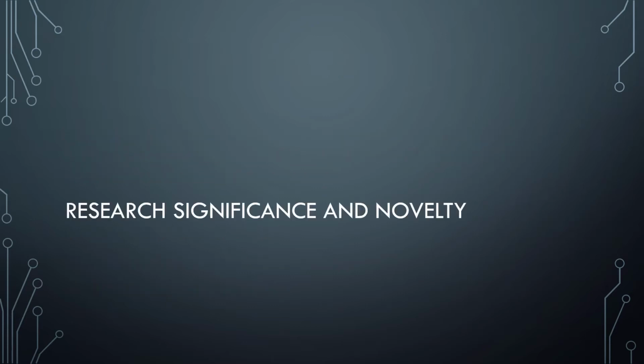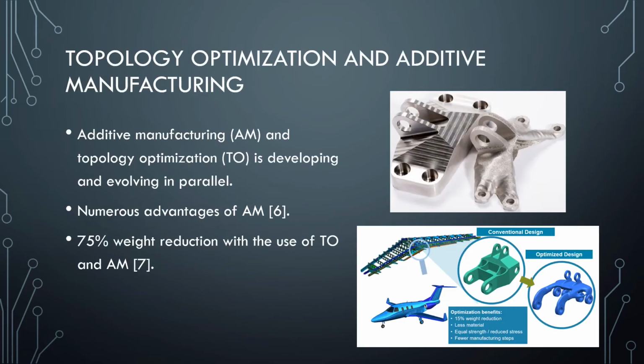Research significance and novelty. Topology optimization is a key part of the design for additive manufacturing. Unlike various older manufacturing processes, additive manufacturing has its advantages. Additive manufacturing and topology optimization are developing and evolving in parallel with one another. As metal additive manufacturing continues to evolve, the aerospace industry is currently gearing up to reap the benefits of this technology.